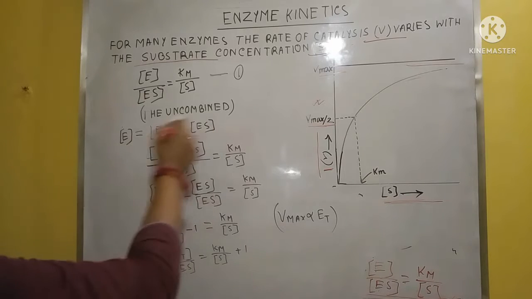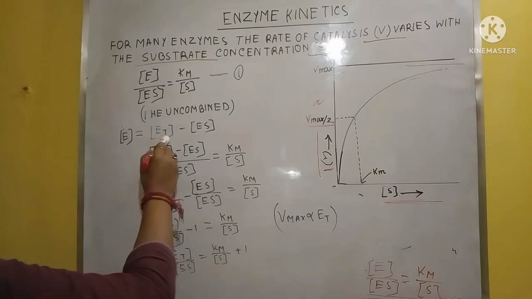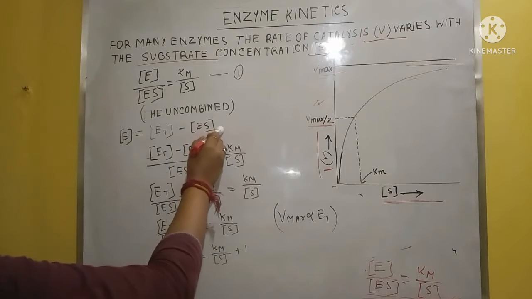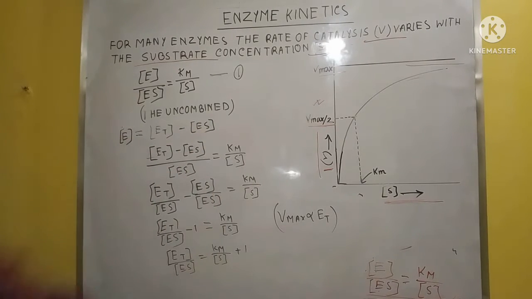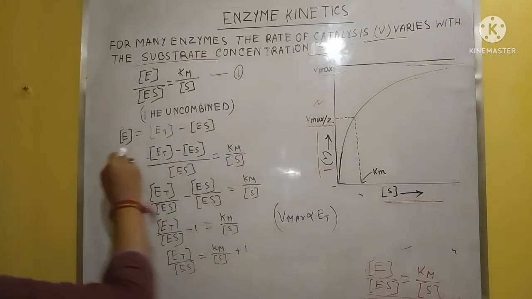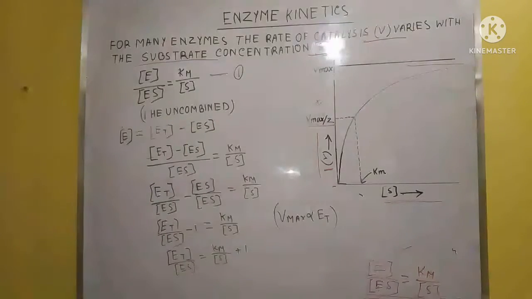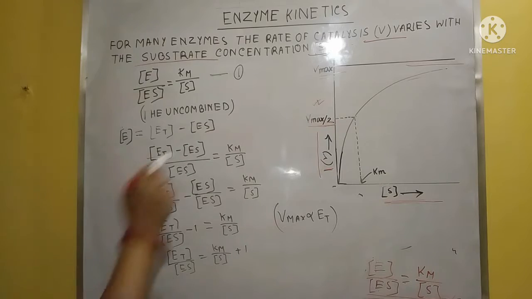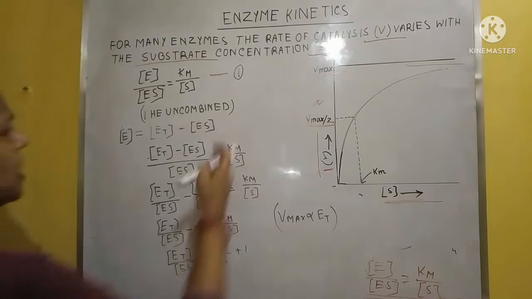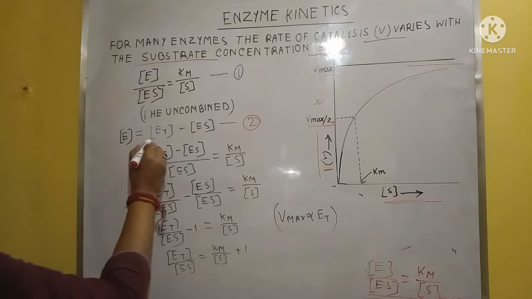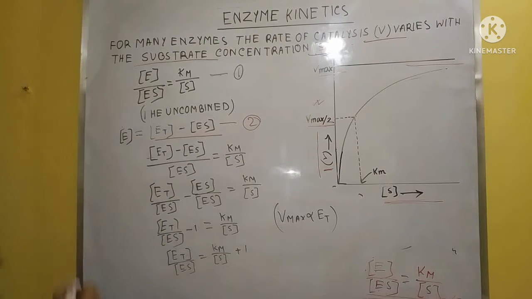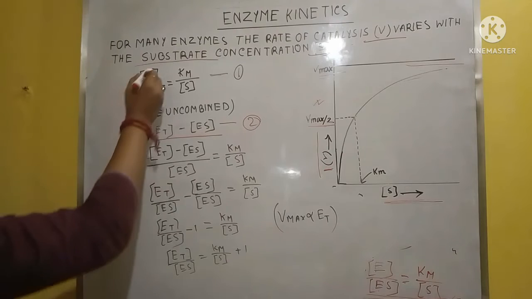So in this way, total enzyme concentration minus the concentration of ES complex, we can calculate the uncombined enzyme present within the medium. Now this is, suppose, equation 2. We put here this ET minus ES concentration.